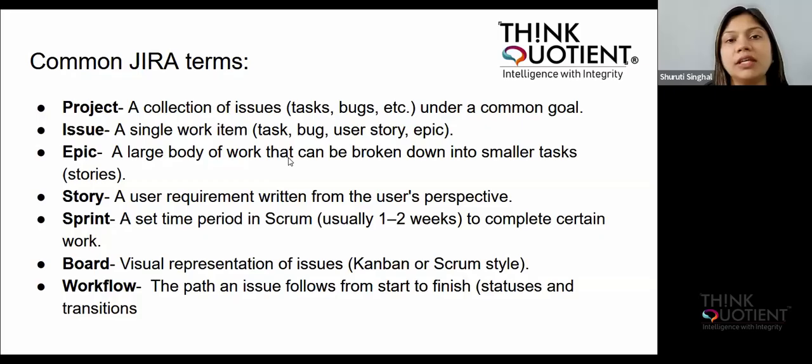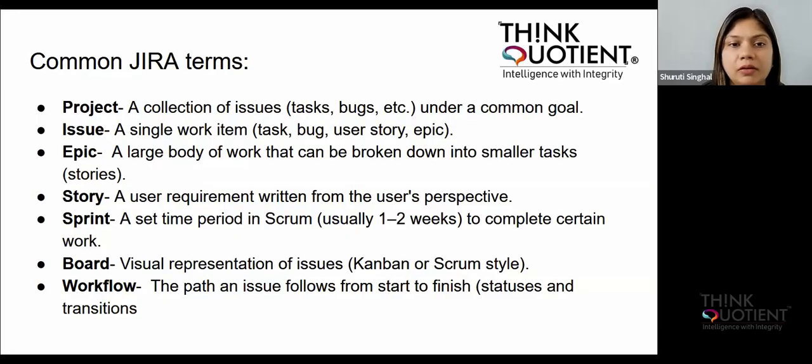For example, if you're creating an open cart project or an e-commerce website, or a banking application website, that is a project wherein you need to track all the things. Next we have issue. An issue is any single work item. It can be a task, a bug, a user story, an epic, anything. Any single work item is called an issue.